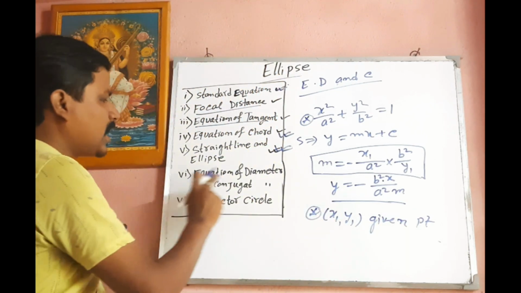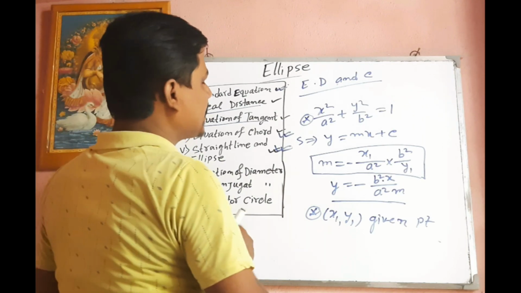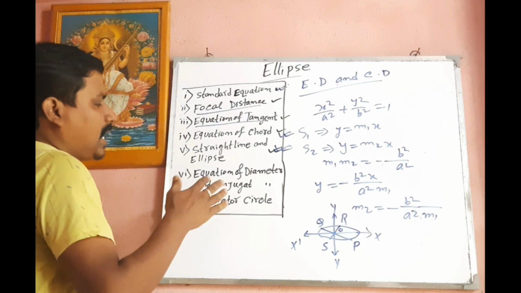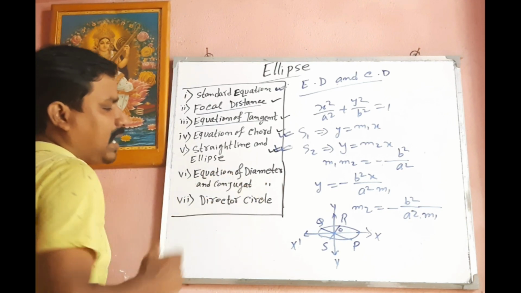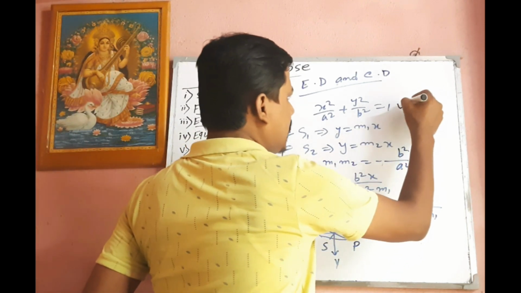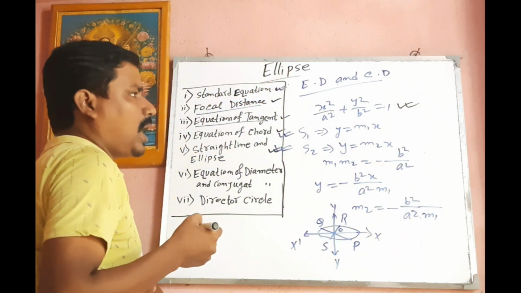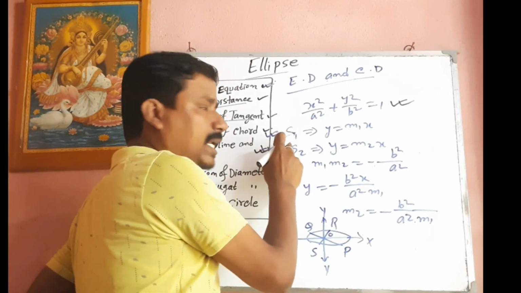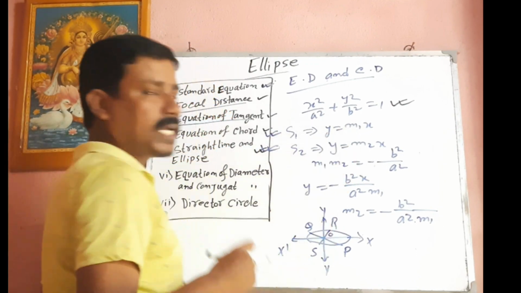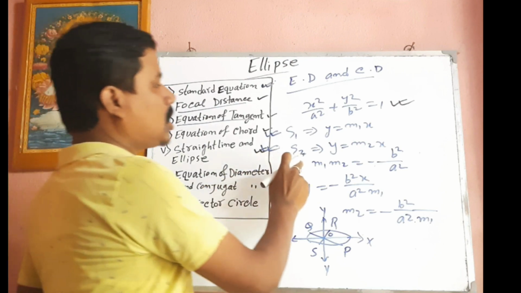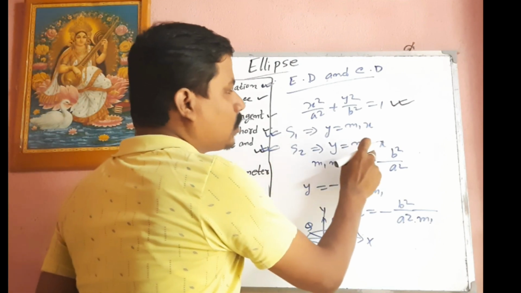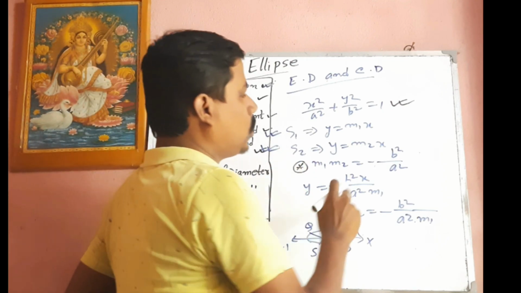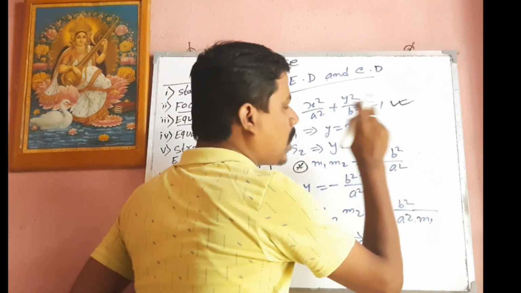So this is the equation of diameter, and now we are discussing the conjugate diameter. For the standard equation x square by a square plus y square by b square is equal to 1, and the equations of straight lines y is equal to m1x and y is equal to m2x, and m1 m2 is equal to minus b square by a square.